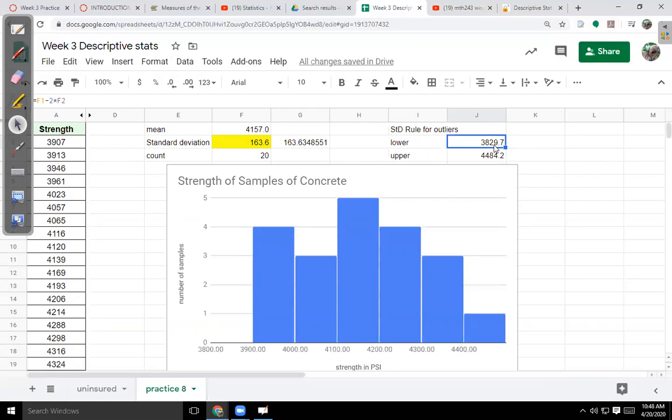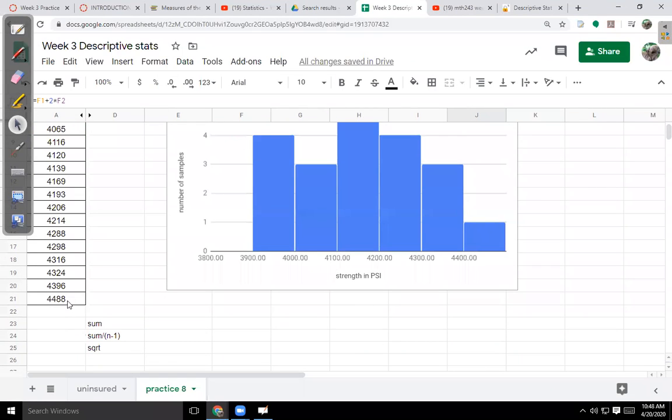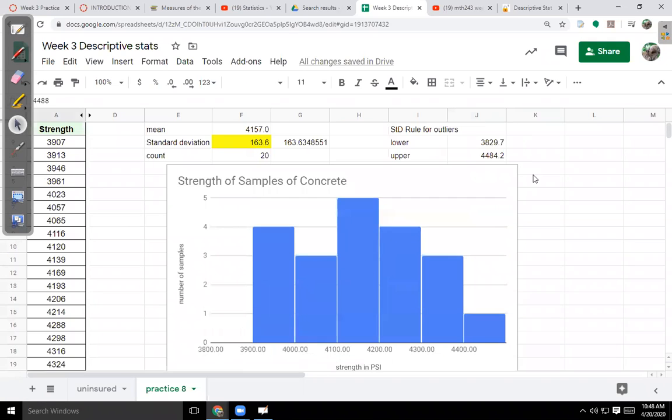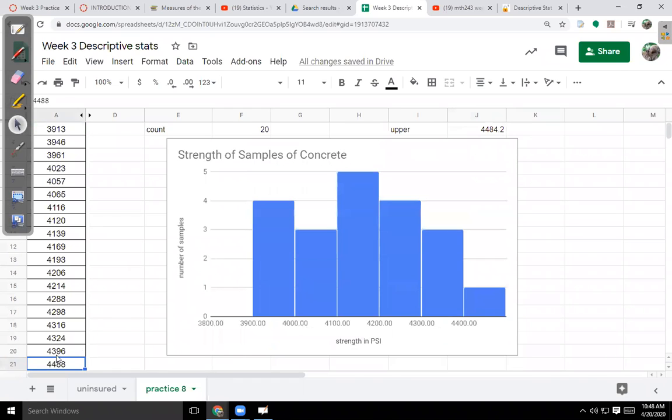So my minimum, 3907, is above this, so that's not unusually low. And the upper is 4484. This is 4488. Oh, okay, so that one is a little high, right? 4488 is greater than 4484. How about the next one, 396? Okay, so this guy right here, I am going to color.